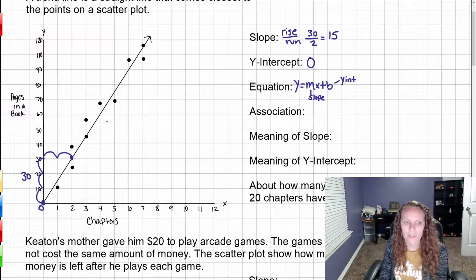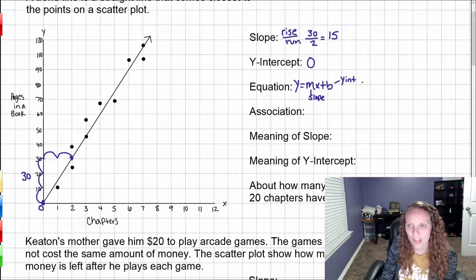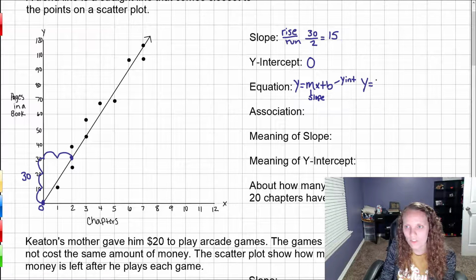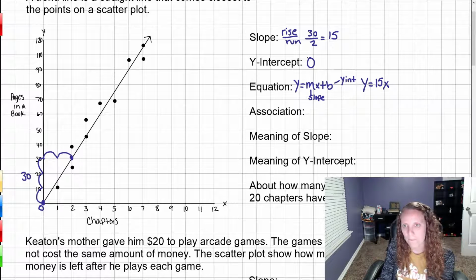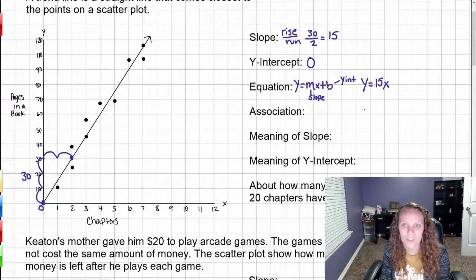So we're going to come up with an equation for this particular line. I'm going to start with y equals, the slope was 15, and if you notice the trend line goes up from left to right, it's a positive association, so this is a positive slope, 15x. The y-intercept is 0, so you could put plus 0, but I'm going to leave it alone and just leave it as y equals 15x.